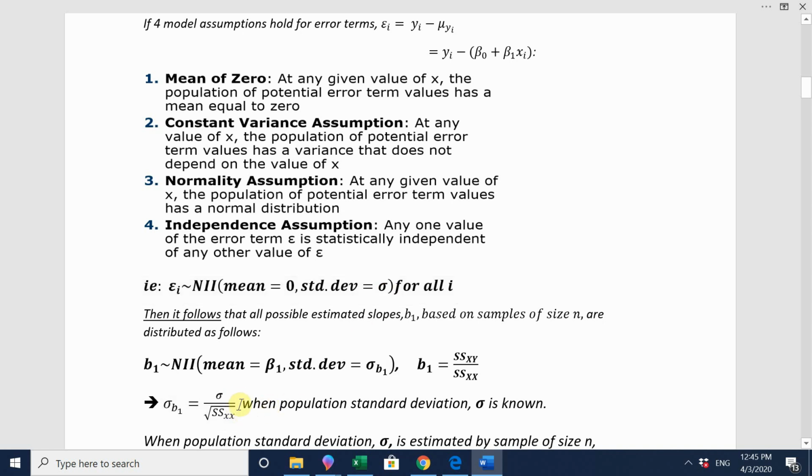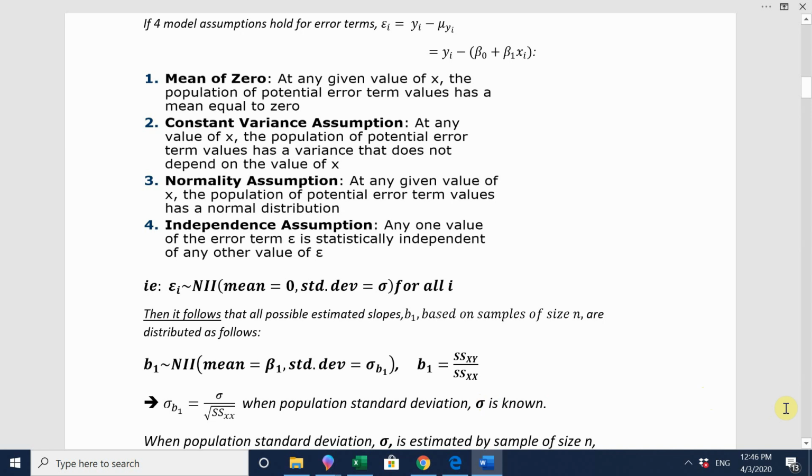So here we have the equation for the standard deviation of the slope for the point estimate slopes, and that is sigma divided by the square root of the sum of squares of the x's. But that, of course, is when my population standard deviation for the error terms, for the residuals, is known.